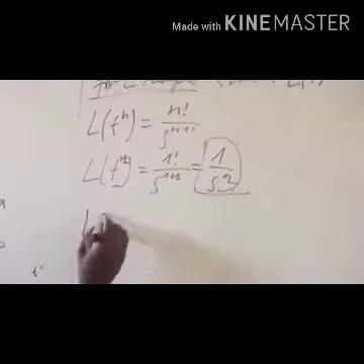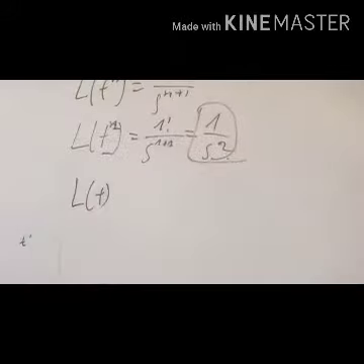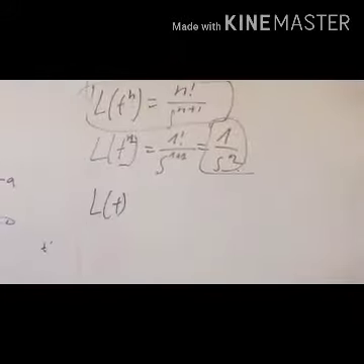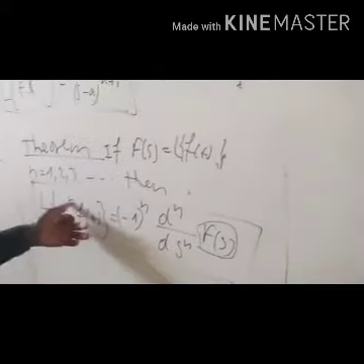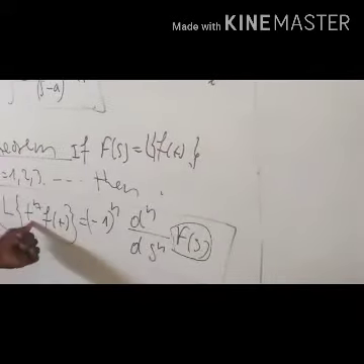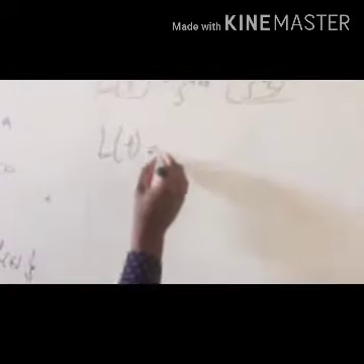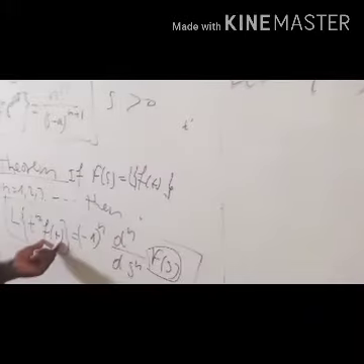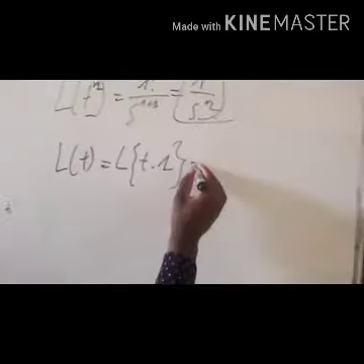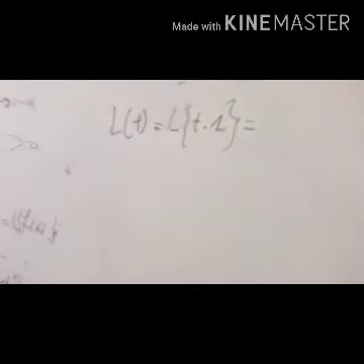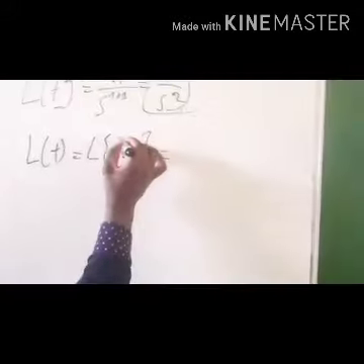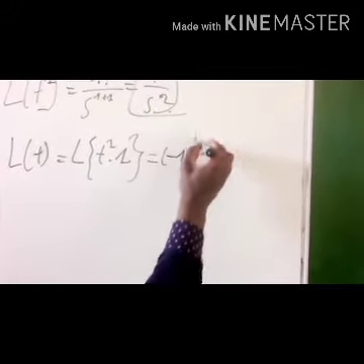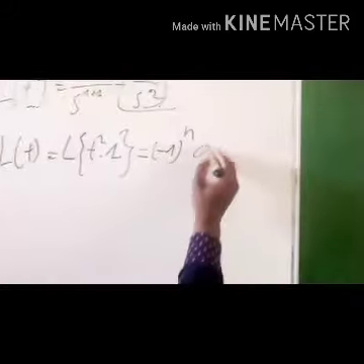Example: evaluate the Laplace transform of t. For this we can use this formula. Here t^n is t, so we have the transform of t times 1. That means n is equal to 1, and f(t) is equal to 1.